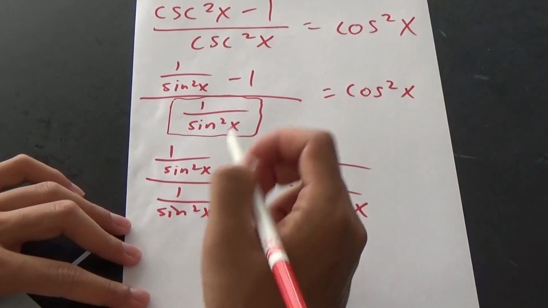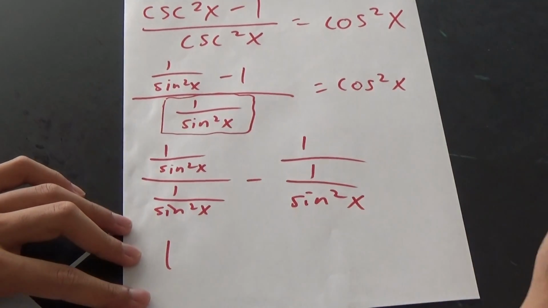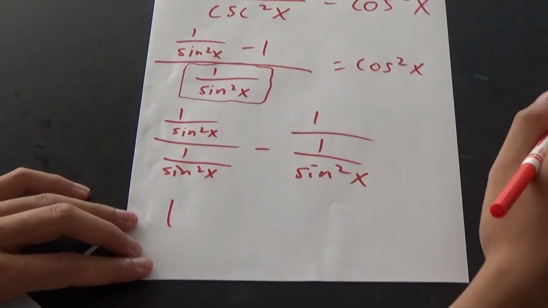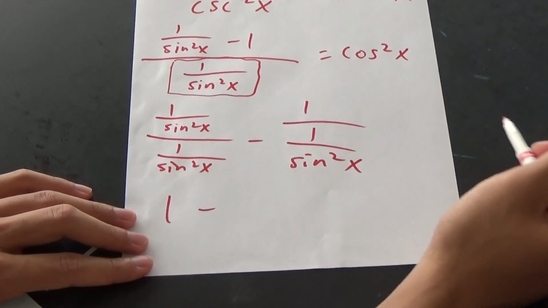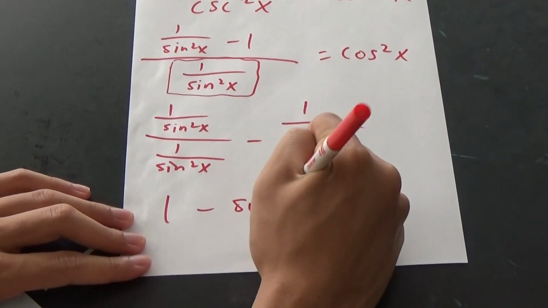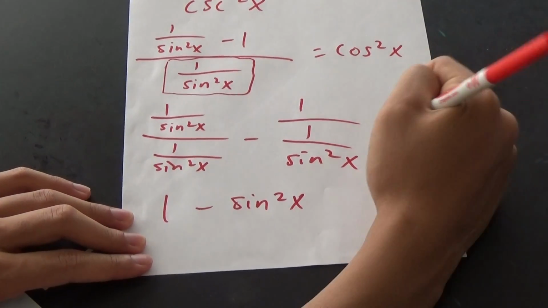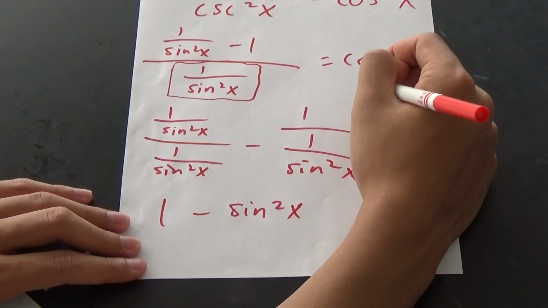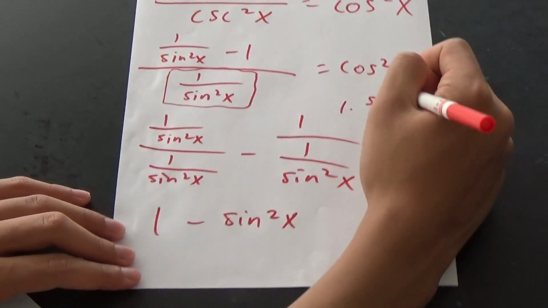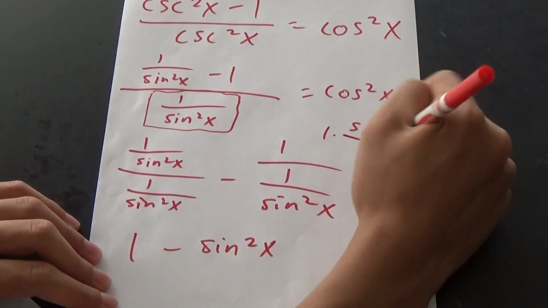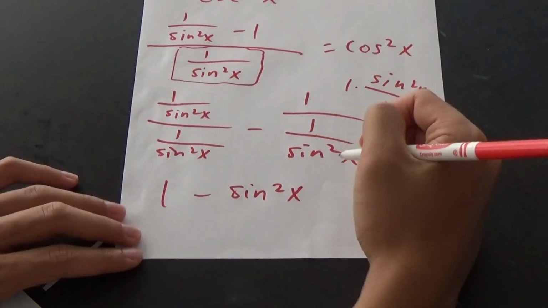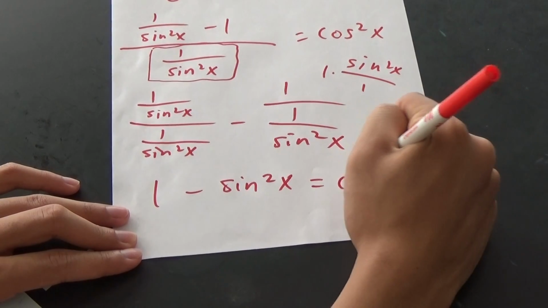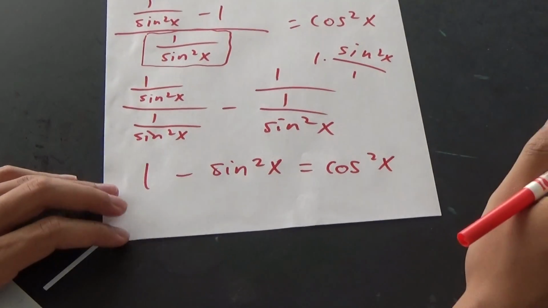And this, of course, is 1, because two of the same terms divided by each other is 1. And then this becomes sine squared x, since dividing by a fraction is the same as multiplying by its reciprocal. So 1 minus sine squared x equals cosine squared x.